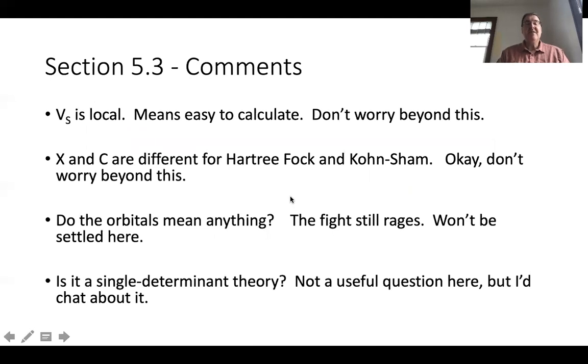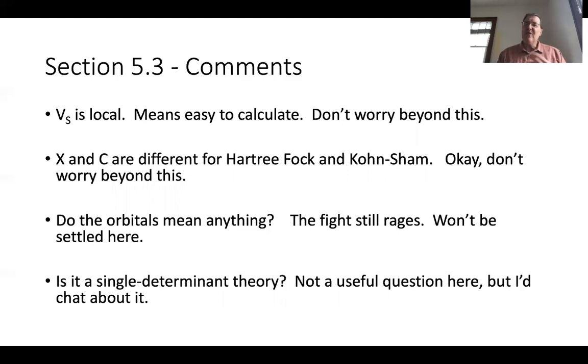So there are some comments that follow, but let me first make several. One is, we don't have the exact EXC. In the chapters that follow, we'll start to look at approximations to it. We'll look at a simple system where we know what the exact result is, but we do not have the exact EXC.